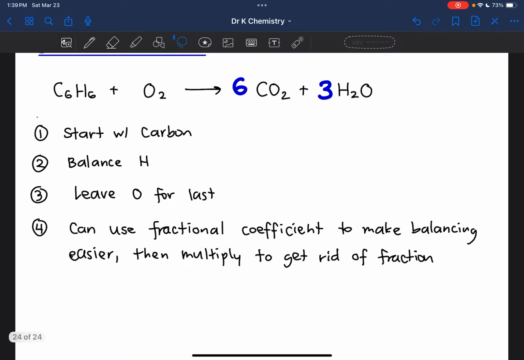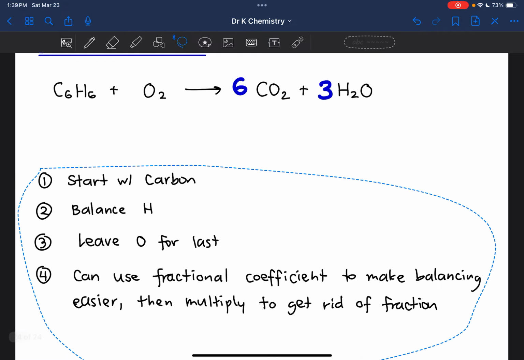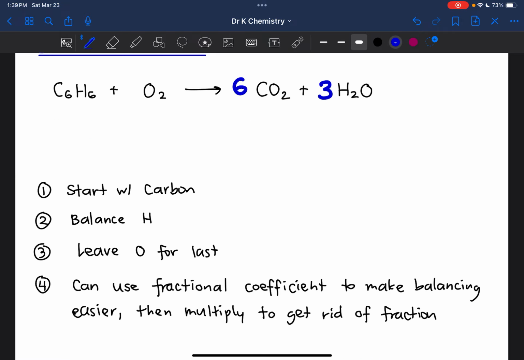Cool. Now we want to deal with oxygen, and this is where things are going to get a little bit more challenging. So if we look at the carbon dioxide example, we have 6 times 2 oxygens, which means that we have 12 oxygens in this formula. If we look at the water, we have 3 times 1 oxygen, so that is giving us 3 oxygens.